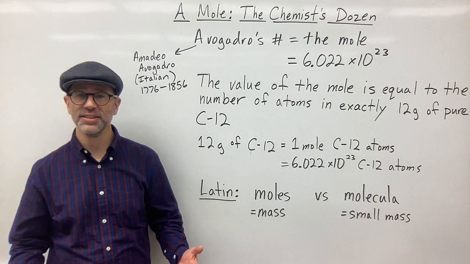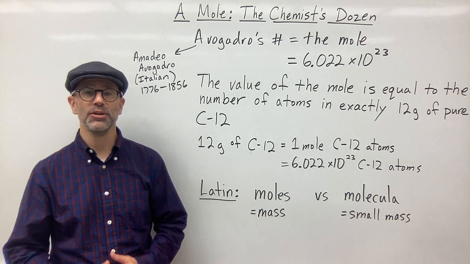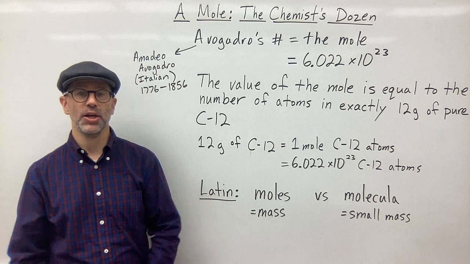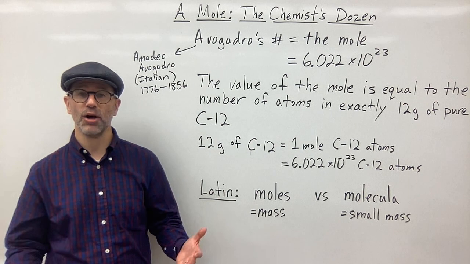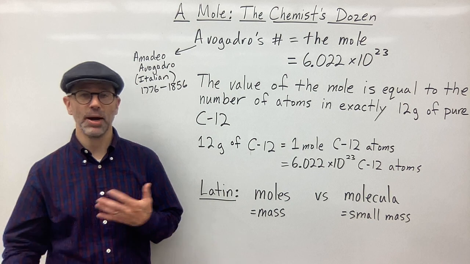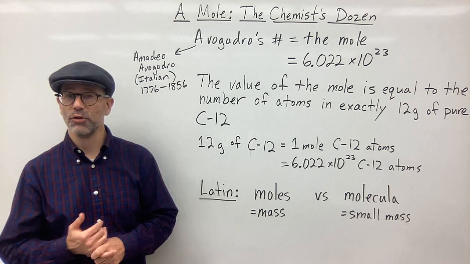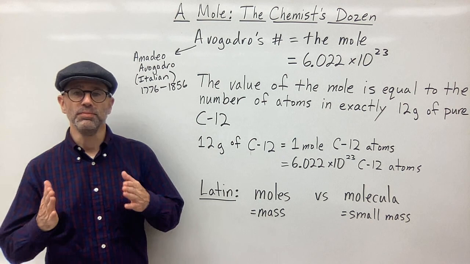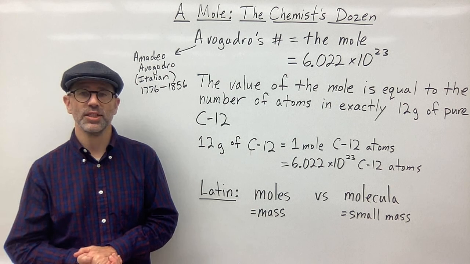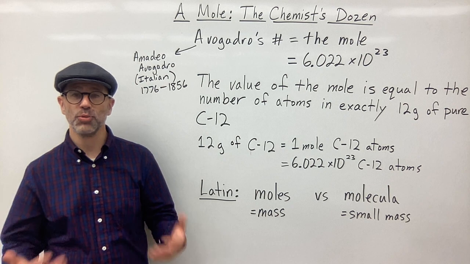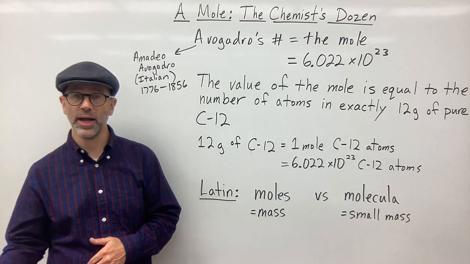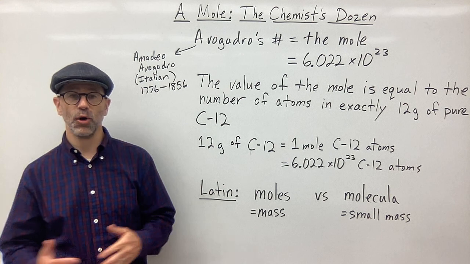So, if you know what a dozen is, you know that that is referring to the number 12, and so when we talk about dozens of things, we're usually talking about 12 things, right? So if I talk about a dozen eggs, then I'm referring to 12 eggs, or a dozen loaves of bread, that would be 12 loaves of bread.